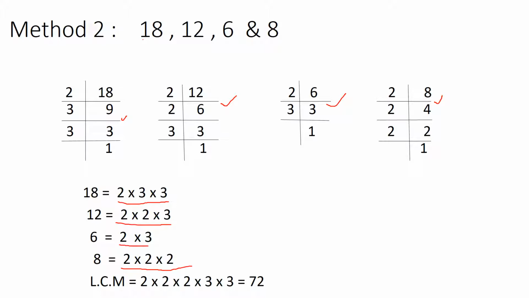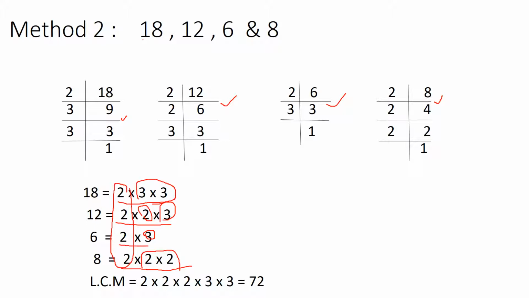So now you can see we have 2 that is common in all, and then we have 2 common in just 2 numbers, and then we have 3 that is common in only 3 numbers, 6, 12 and 18.